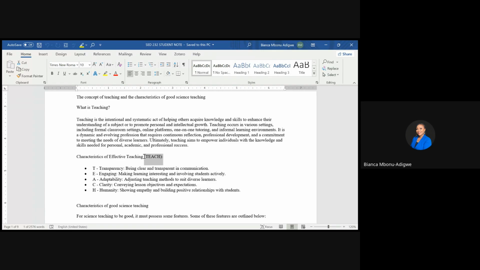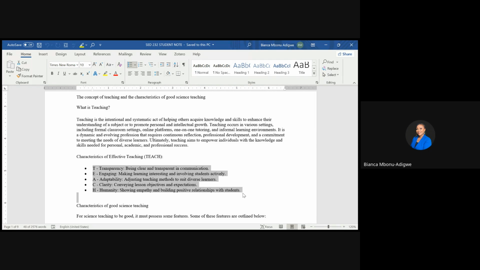T-E-A-C-H. Teach. Now, T here stands for transparency. So the person that is teaching has to be clear in communication, has to be transparent. What you are saying should be what the students are hearing.